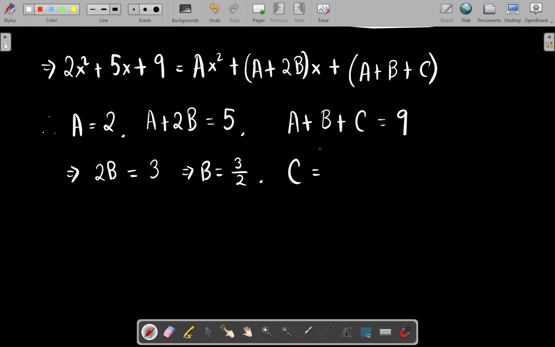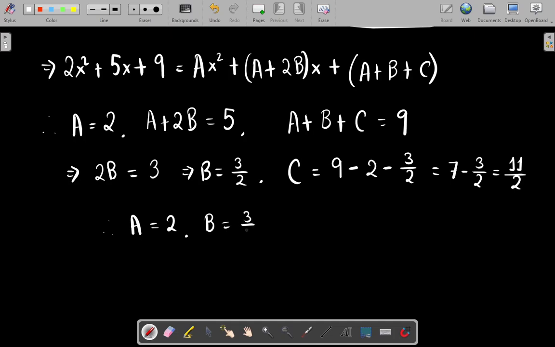Then if we put these two values, a is 2 and b is 3/2, we get c equal to 9 minus a minus b, which is 7 minus 3/2, so this is 11/2. We have found the constants: a equal to 2, b equal to 3/2, and c equal to 11/2.